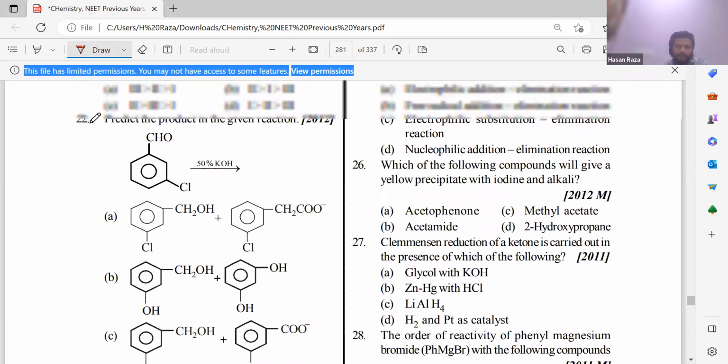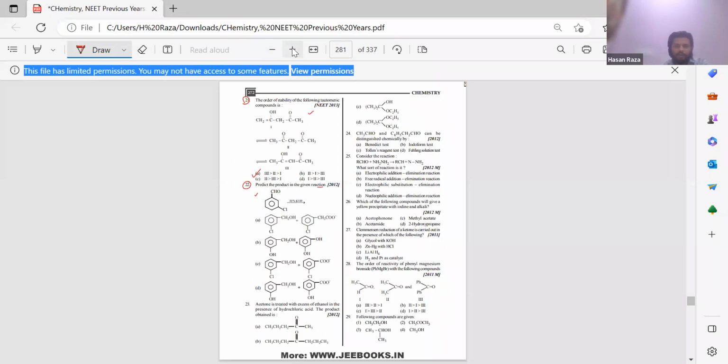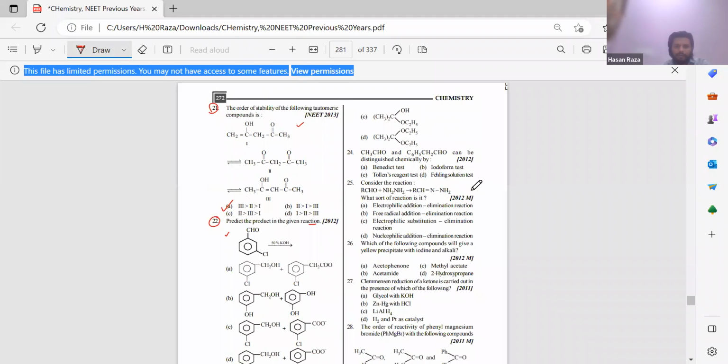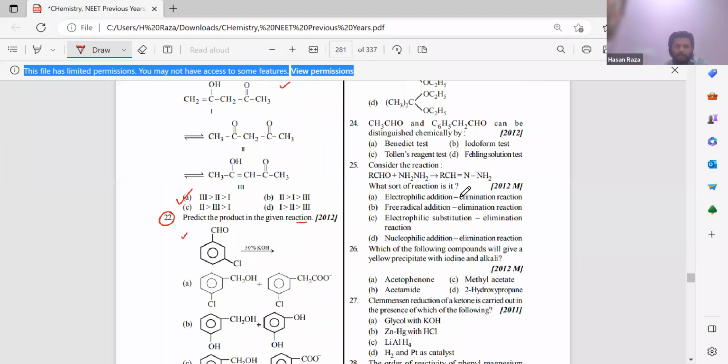Predict the product in the given reaction. That means this is your reactant. I'm going to show you all. Just wait a minute. This is your question number 22.